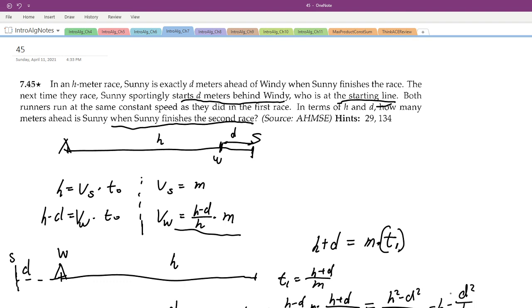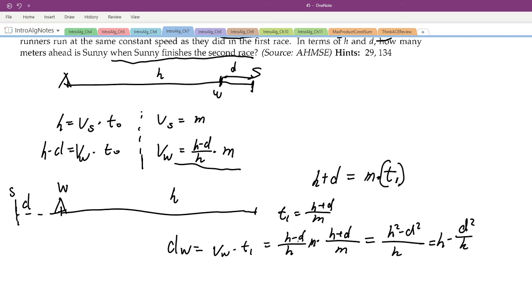So when Sunny finishes, Sunny traveled h plus d, and Windy finished h minus d squared over h. This is where Windy is. So Sunny is still leading Windy by d squared over h.